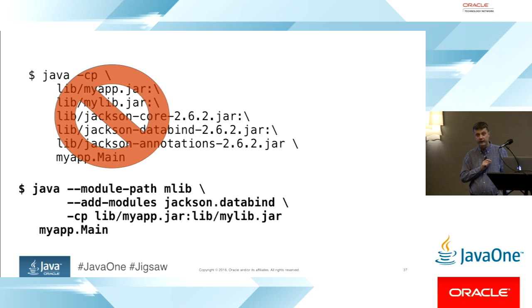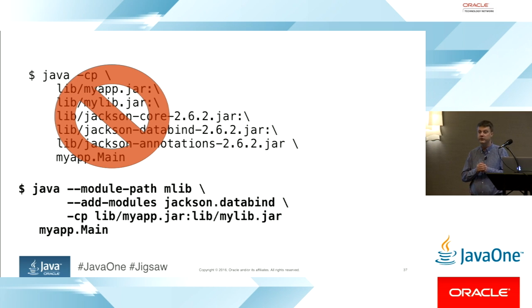But exactly like the intro talk earlier on, there is nothing in my app or mylib to say that they depend on Jackson Data Bind. There's no dependency information available on the class path. So I'm having to help the runtime with the add modules option to tell it to resolve the Jackson Data Bind module.